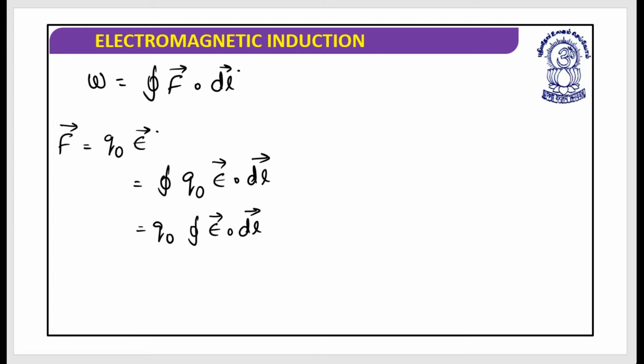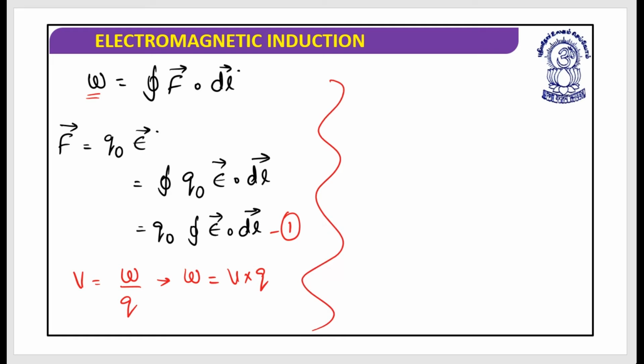Now what I understand is that potential V is equal to work done by charge. So from this we can have work done is equal to potential into charge. Let's call this relation 1. And the second relation is work done is equal to Q naught into the line integral of E dot dl.